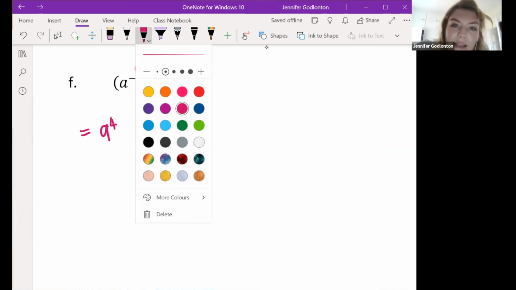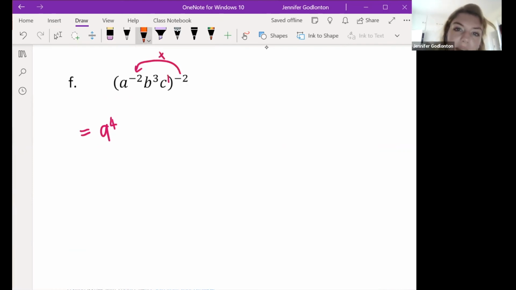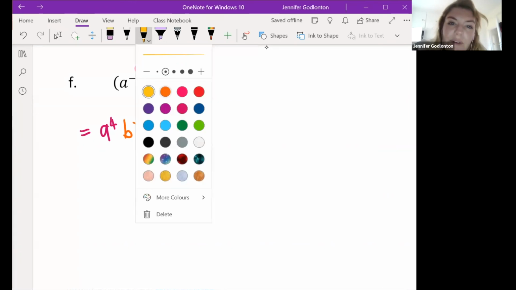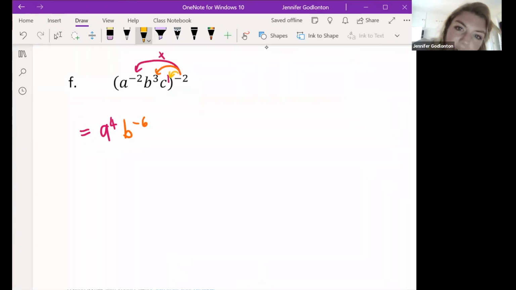Then we look at the next one: 3 times -2. What is +3 times -2? -6. Good. And our last one, we've got -2 times +1, which is going to be -2. Good. So that's our first step.